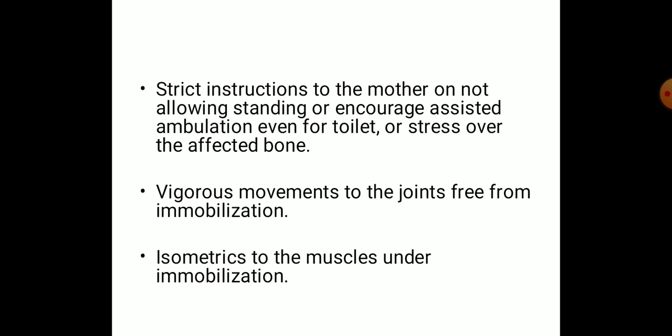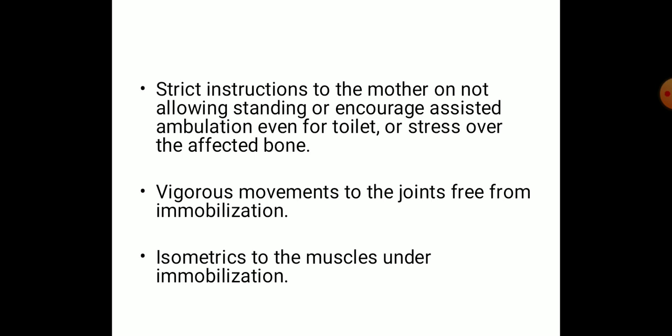Next is isometrics to the muscles under immobilization. Even if the knee joint is under immobilization, we should give isometric exercise to the surrounding muscles, mainly to preserve the muscular property. One of the complications which arises due to immobilization is muscular atrophy.